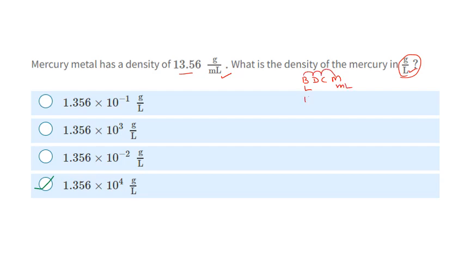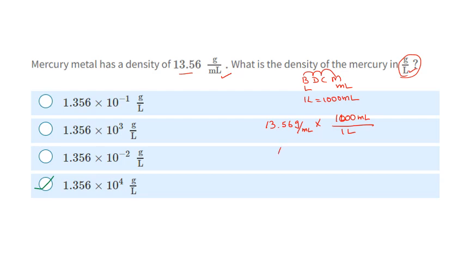So that means 1 liter equals 1000 milliliter. So if we know that conversion factor, we can substitute 13.56 grams per milliliter. I need grams per liter. So I will write the 1000 milliliter on the numerator because I want to cancel that one, and 1 liter at the denominator.